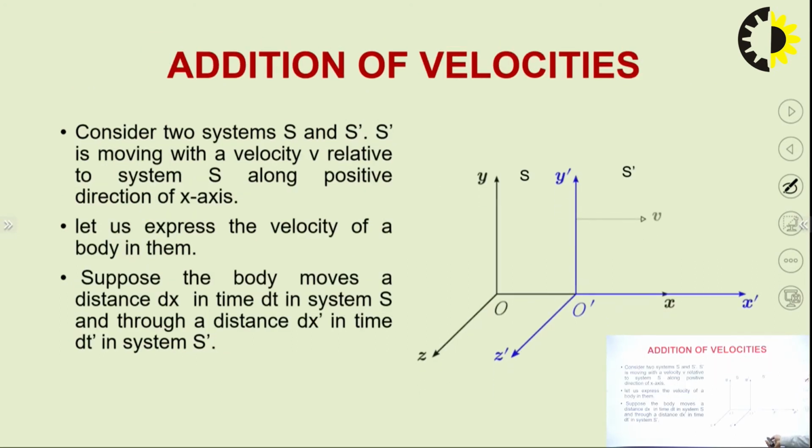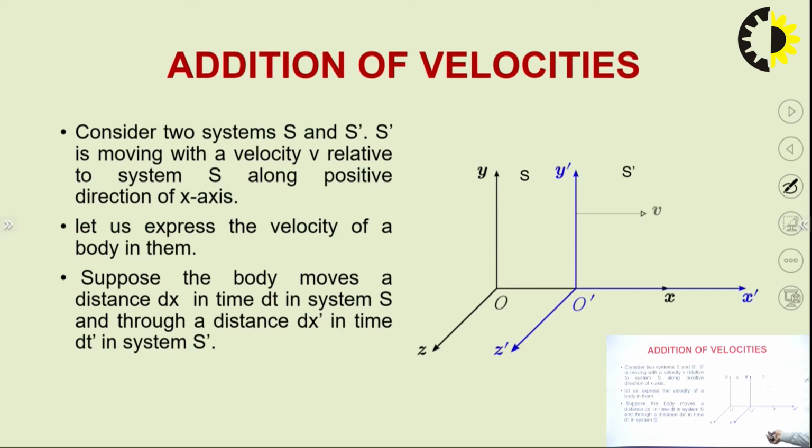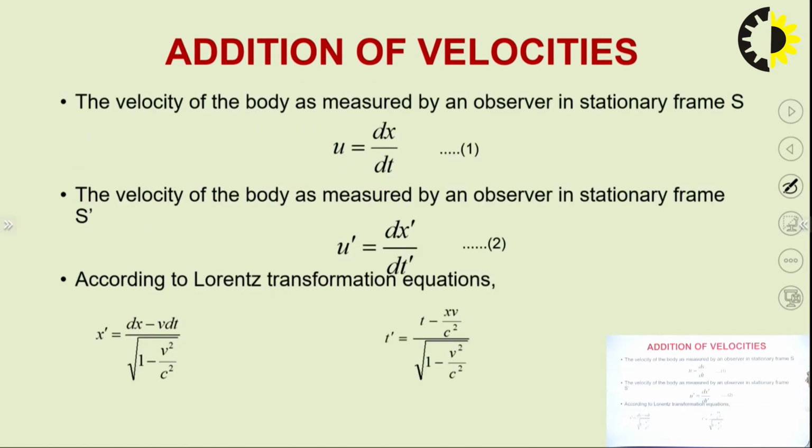Addition of velocity. Addition of velocity is basically nothing but velocity transformation, or Lorentz velocity transformation. Sometimes you call it addition of velocity or the relativistic velocity addition theorem. For the derivation, we use V is equal to dx by dt.